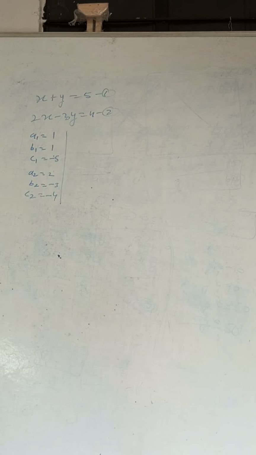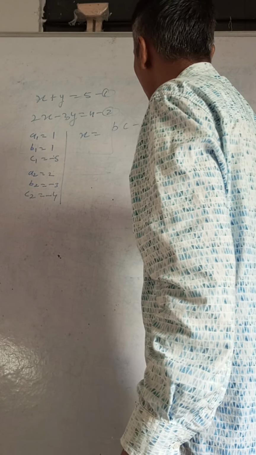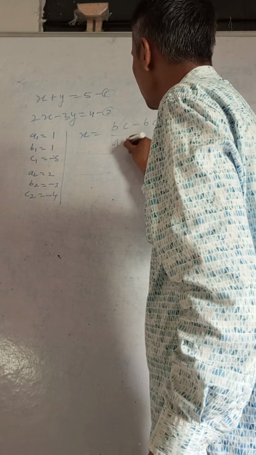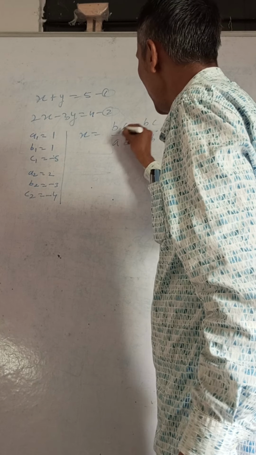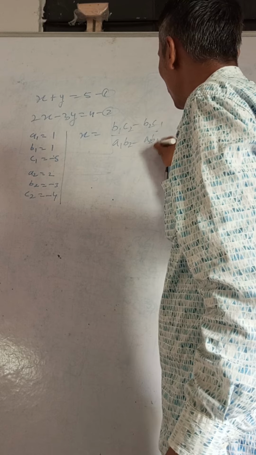Now we find the values of x and y. First we write the cross multiplication formula: x is equal to BC minus BC by AB minus AB, with 1, 2, 2, 1, 1, 2, 2, 1.